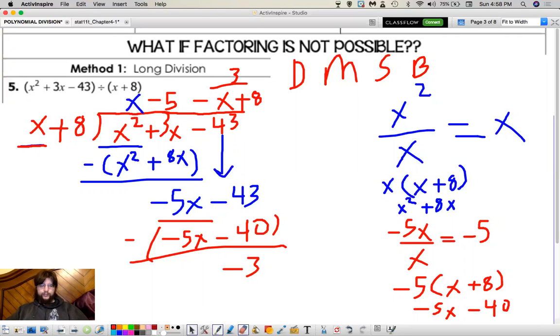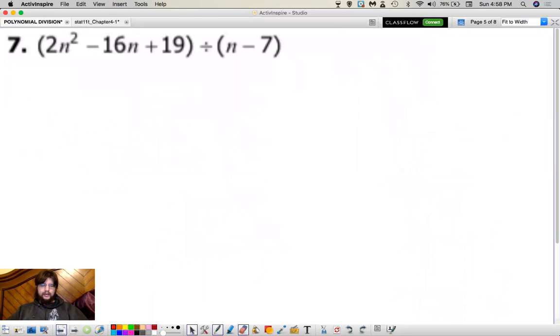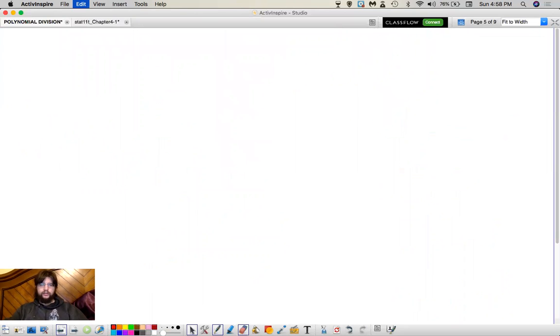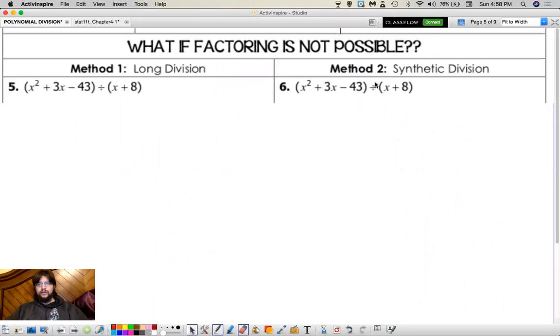So now, long division will always work. But there is a shortcut. If you're dividing by a binomial, which is pretty much all we're going to do, you can use what's called synthetic division.